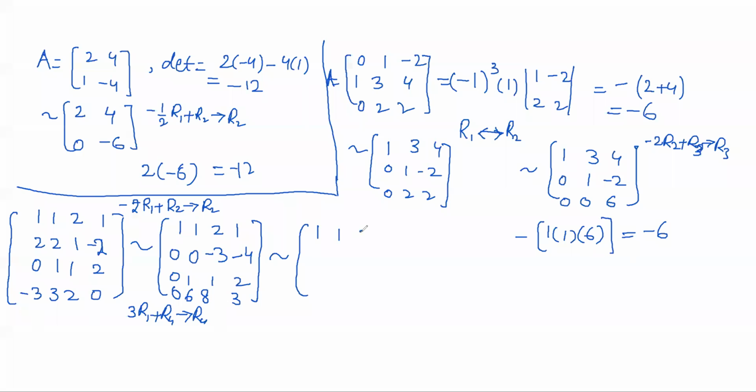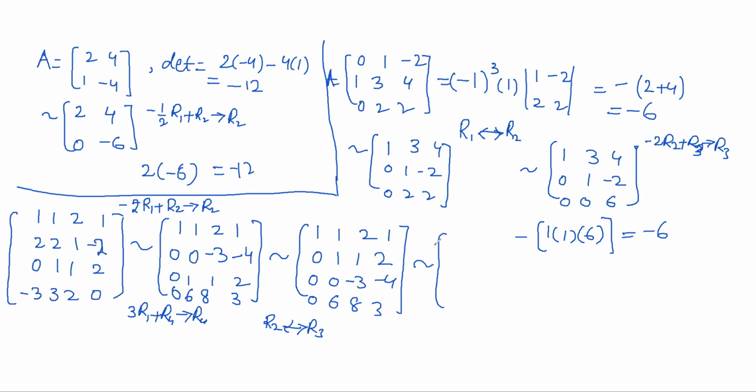So 1, 1, 2, 1, then 0, 1, 1, 2, and then 0, 0, minus 3, minus 4, and 0, 6, 8, 3. So the row operation we have done over here is we have interchanged rows 2 and 3. In this case, the determinant will later change by one sign.